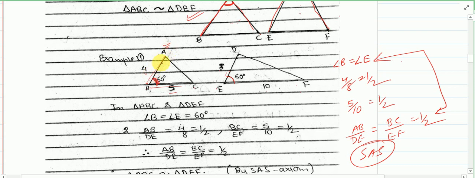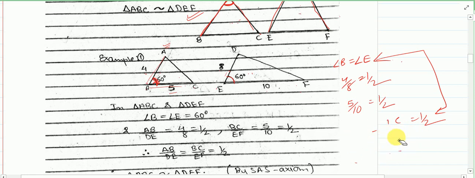So all the time you have to take sides of this triangle in the numerator. And angle B and angle E are 60 degrees. So these two triangles are similar due to this condition. Side angle side means sides are proportional which include this angle.